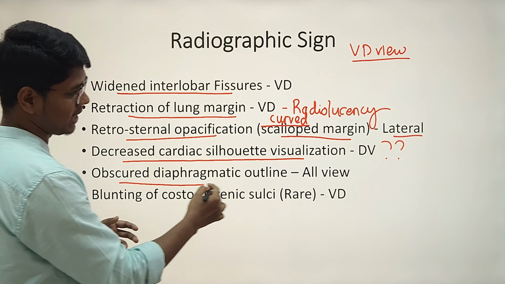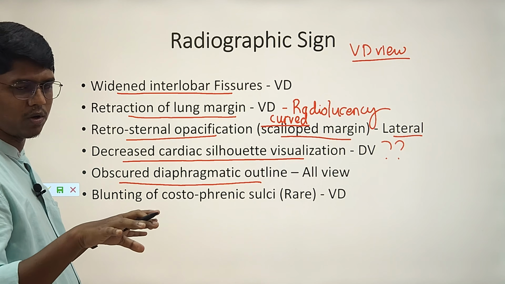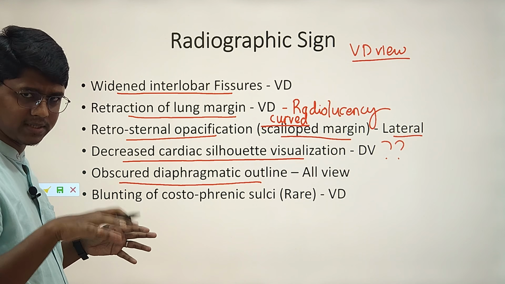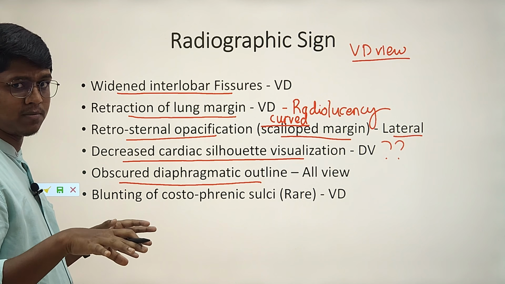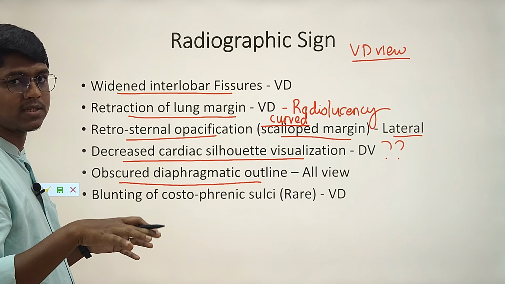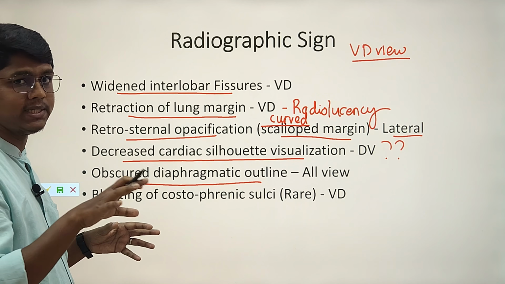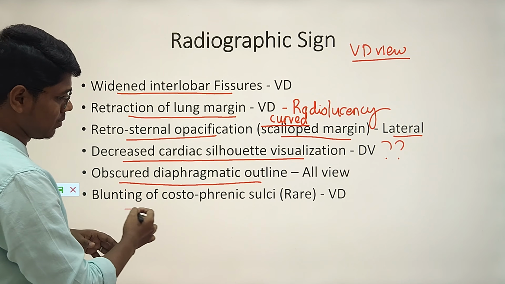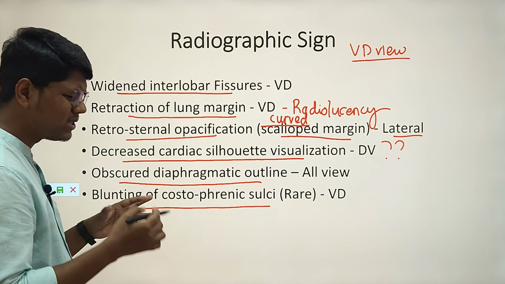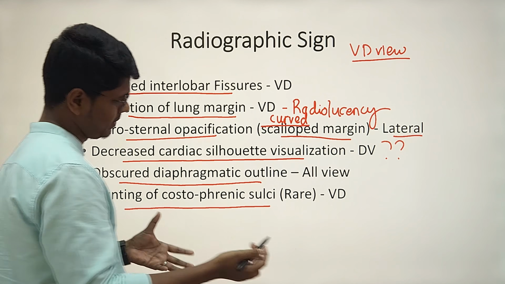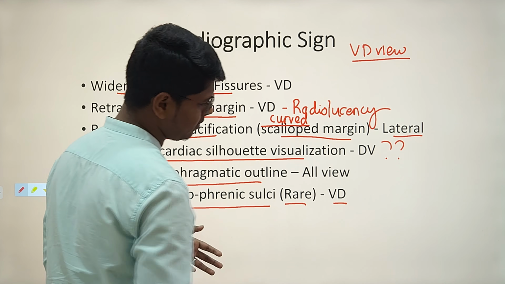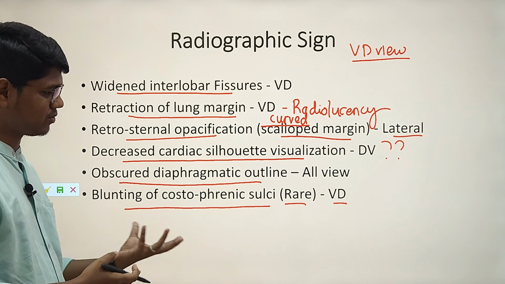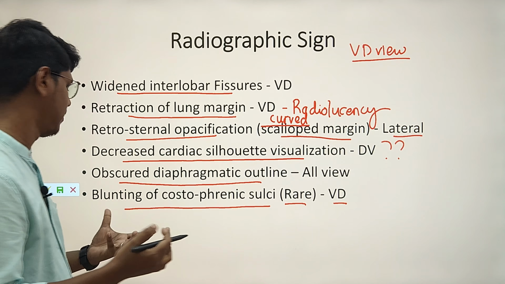Obscured diaphragmatic outline. It can be found in all views. I told you while dealing with the diaphragm, pleural effusion might obscure the thoracic margin of the diaphragm. Next, blunting of costophrenic sulci. This is very rare. You may or may not find it, but if you do, it is in the VD view. There isn't any radiograph showing this particular thing, but you may find it.